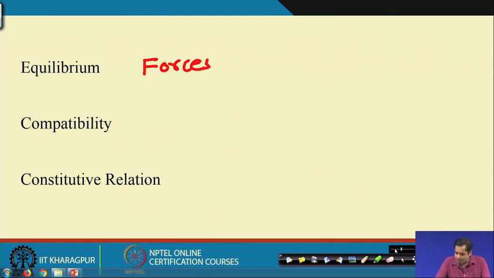Then we have compatibility. Compatibility tells us how different displacements are related to each other. For a statically determinate structure, equilibrium equations alone are enough to solve the structure completely.